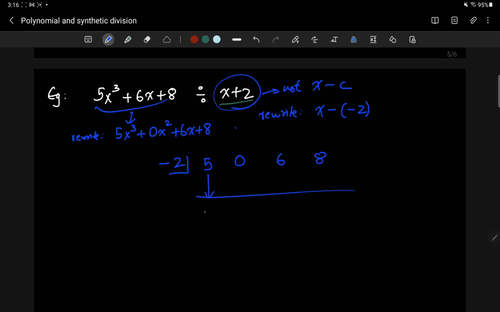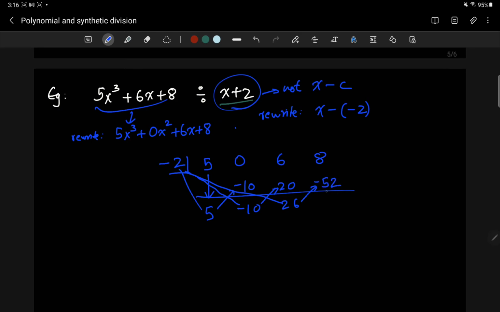The first one is copied as it is. Negative 2 times 5 is negative 10. You add, it is negative 10. Negative 2 times negative 10 is 20. Add 6, 26. Negative 2 times 26, negative 52.